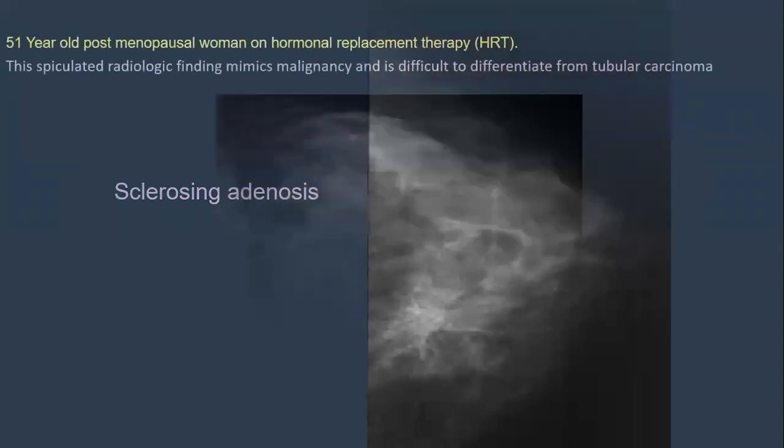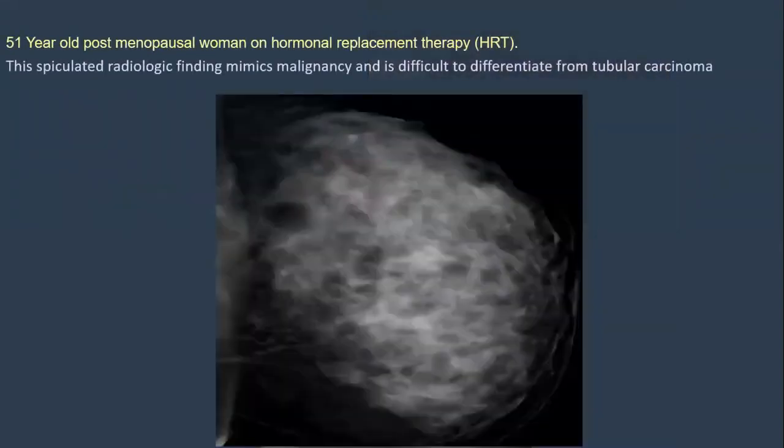Okay. This is my patient, 51 years old, on hormonal replacement therapy. Can you see the spiculated radiographic finding on this mammography? Where exactly?